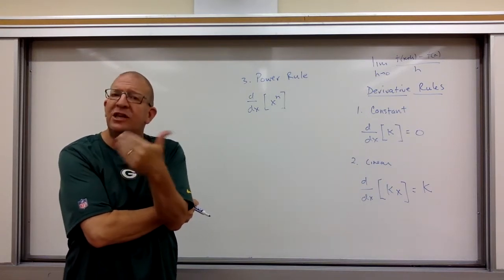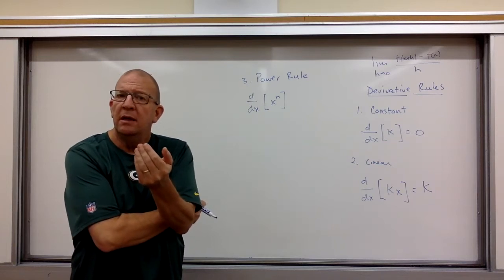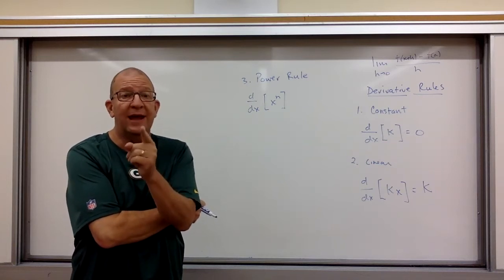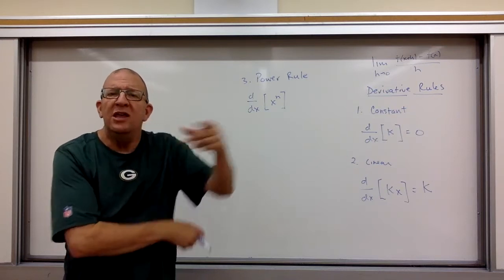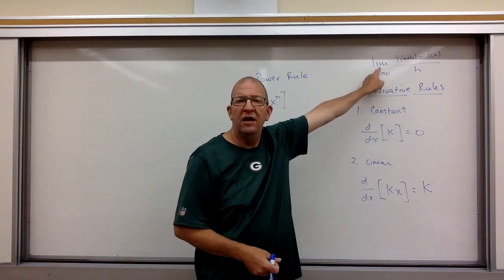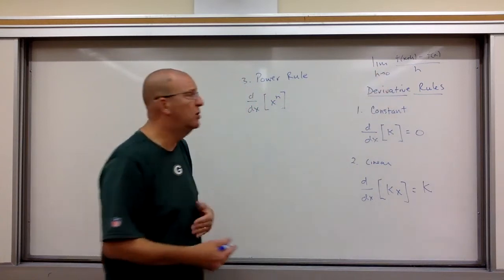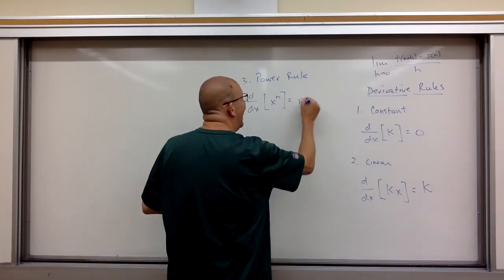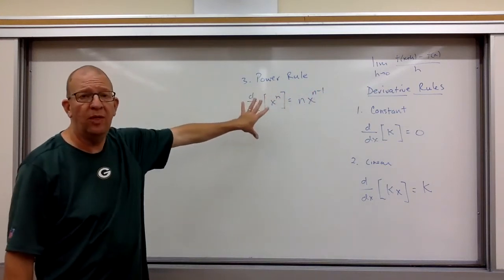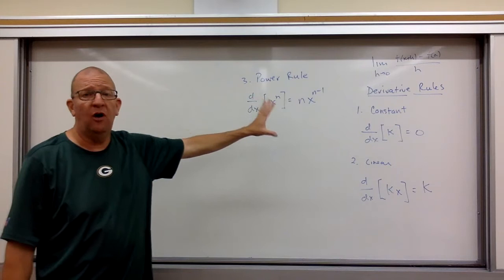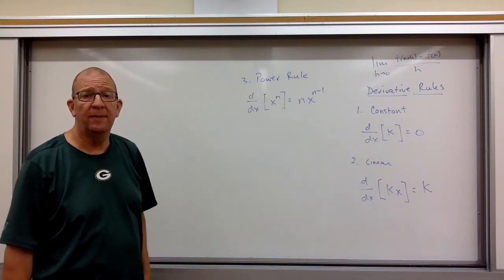How about x cubed? That's right, 3x squared. You see, you do these enough and a pattern starts to emerge. And that pattern is nx to the n minus 1. That's your power rule. That's going to bring us almost everywhere.